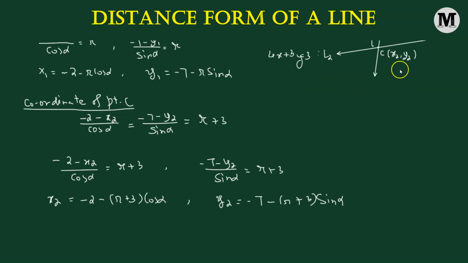The coordinate of C in the parametric form came out to be -2 - (r + 3) times cosine of angle alpha as the x coordinate, and the y coordinate came out as -7 - (r + 3) times sine of the angle alpha. Fine, we're going to use this fact in the next step.